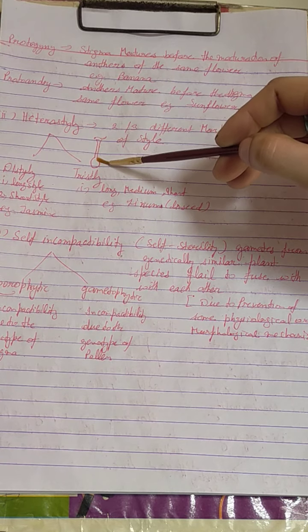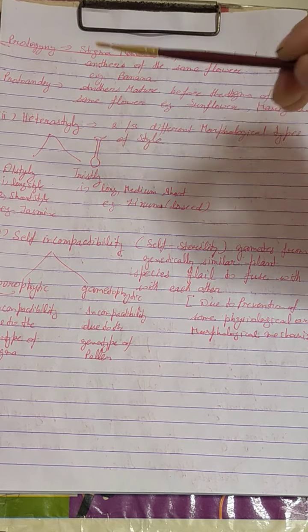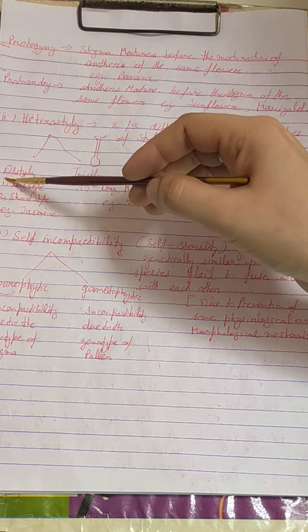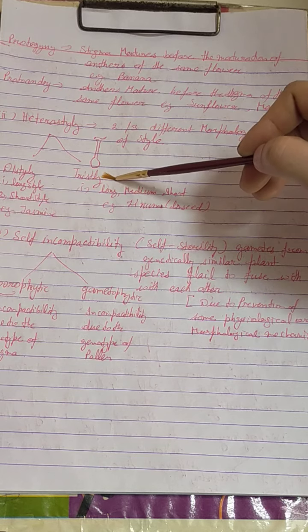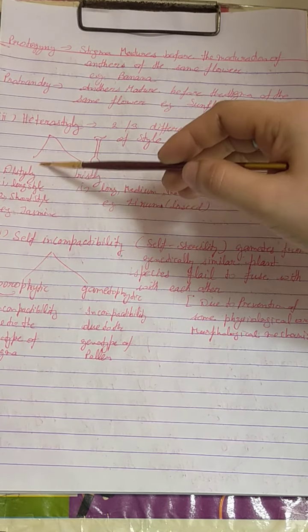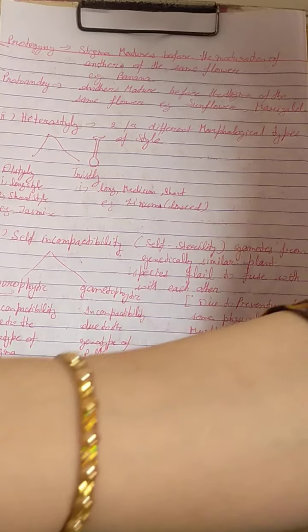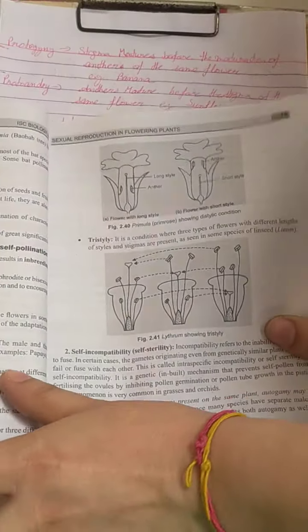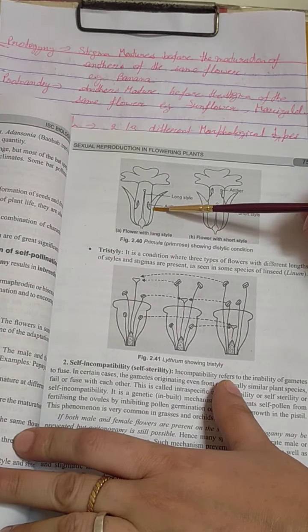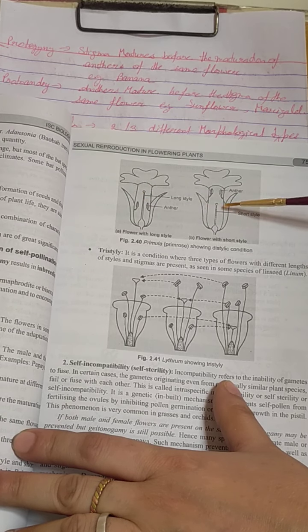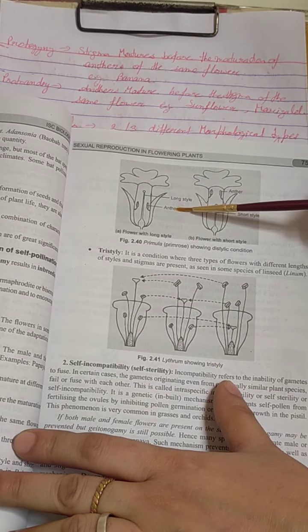So there will be variation in the length of the style, meaning there would be flowers bearing distyly or tristyly gynoecium. Distyly means 2 types of styles will be there. In some flowers the style is long and in some the style is short.